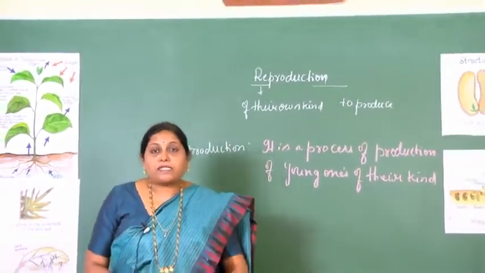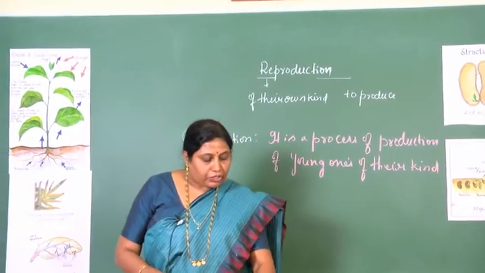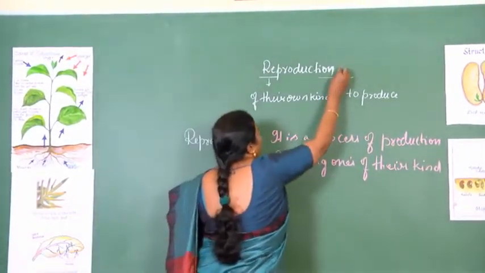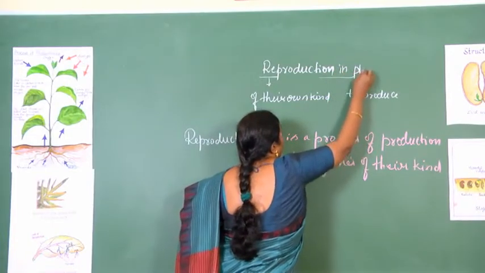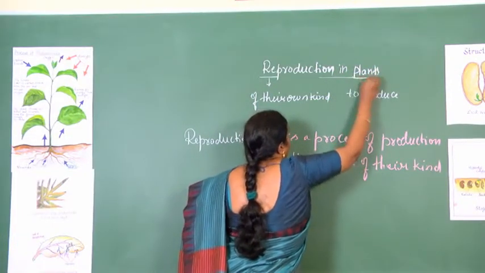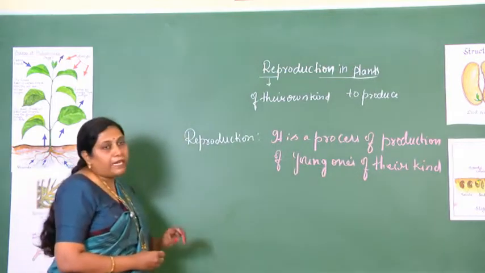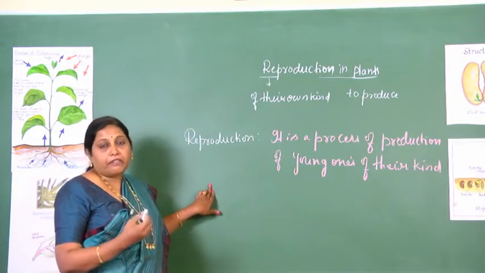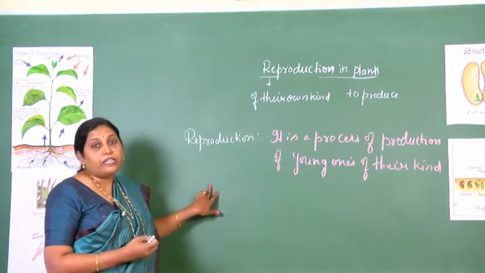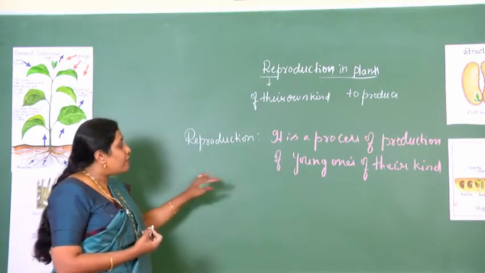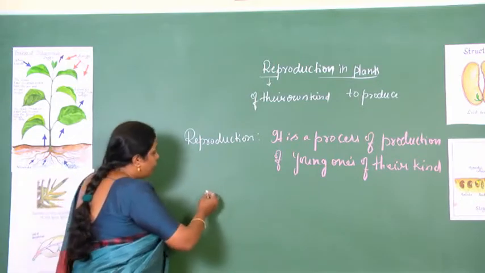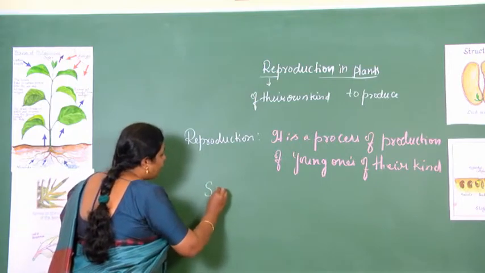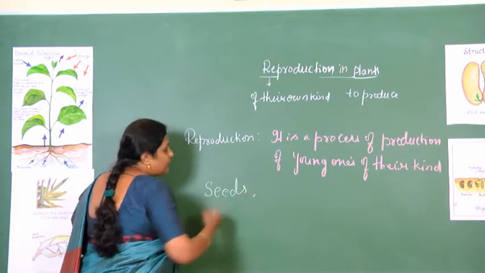So how can plants be grown by the process of reproduction? Here, this is studied under a concept called reproduction in plants. The plants can be reproduced in various ways. Many varieties of plants can be produced in various ways. Some of the plants can be produced from the seeds.